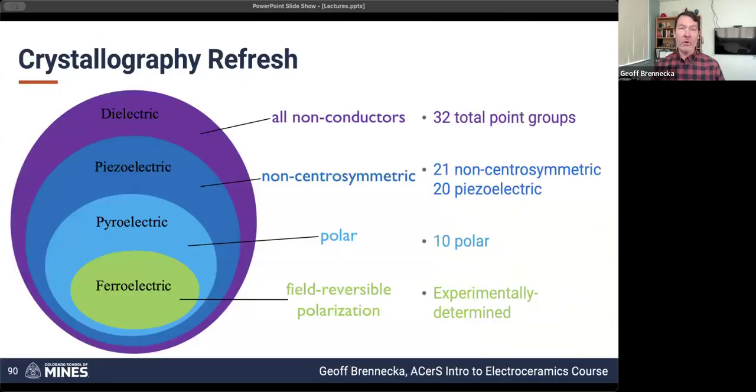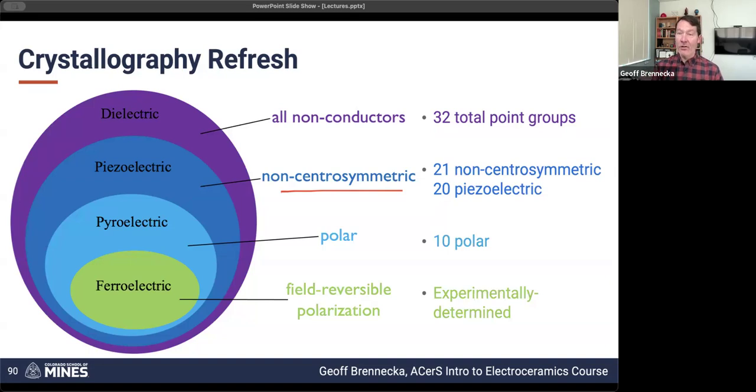So we'll start off with a quick refresh of the crystallography aspect. We covered this earlier on, and this is really why we talked about the crystallography and the symmetry at the beginning. We talked about point groups and pointed out that 20 of the 32 possible point groups, the non-centrosymmetric ones, offer piezoelectricity as a phenomenon.